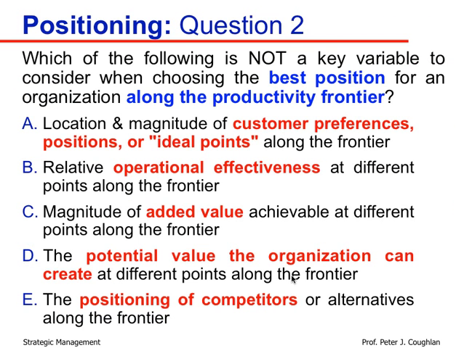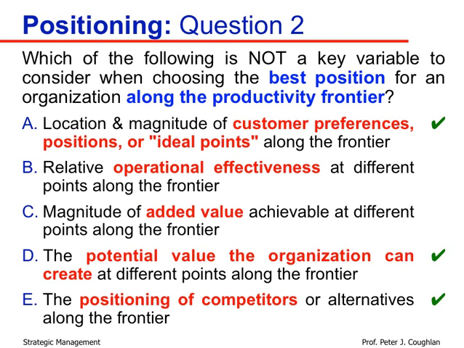So going back to the question, this confirms that when we're choosing where to position ourselves along the productivity frontier, we are concerned about, first, the potential value the organization can create. The next element was the positioning of competitors. The next element was item A here, the customer preferences, positions, or ideal points.